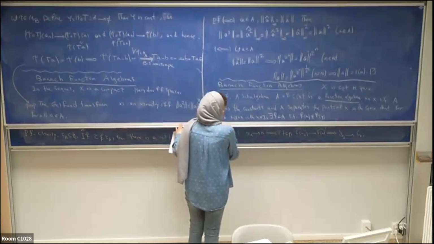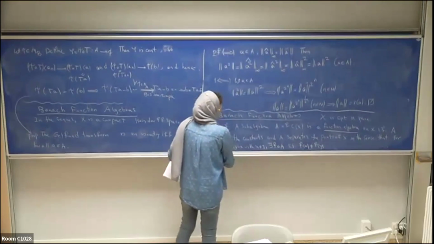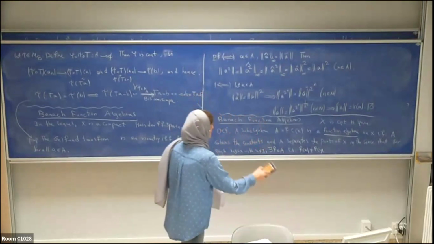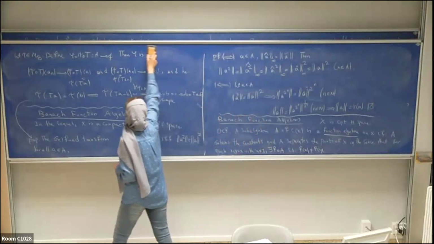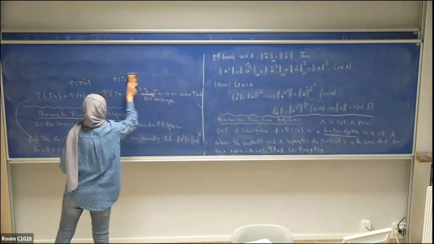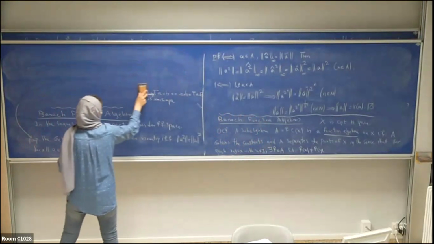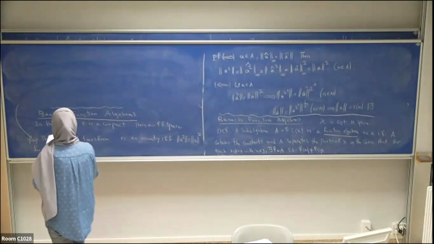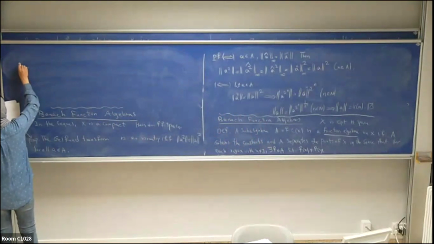And not necessarily surjective, of course, but if it's surjective, we call our Banach algebra natural, which is an important definition in function algebras.